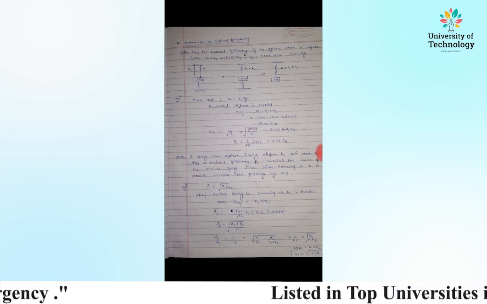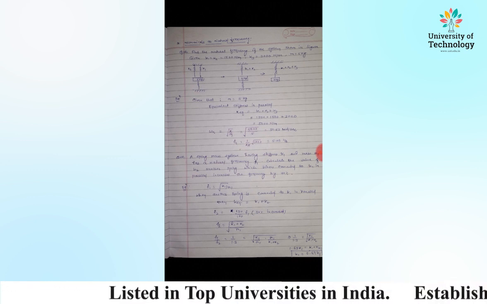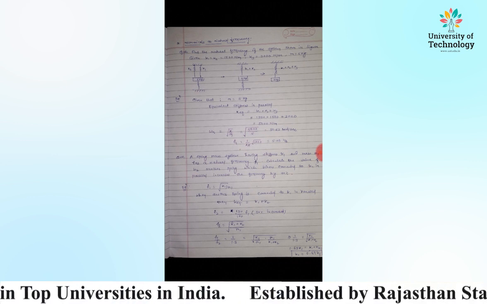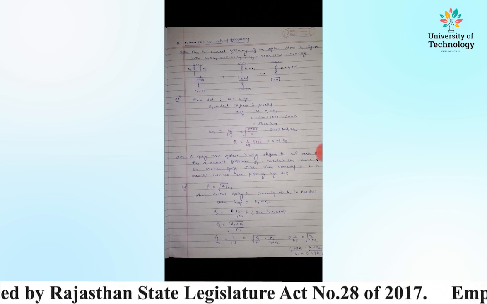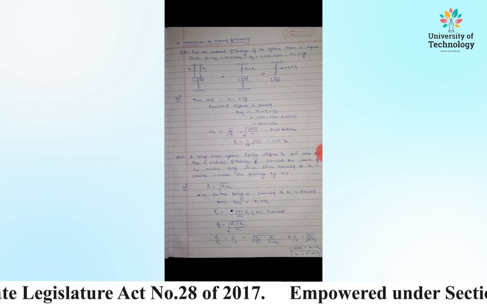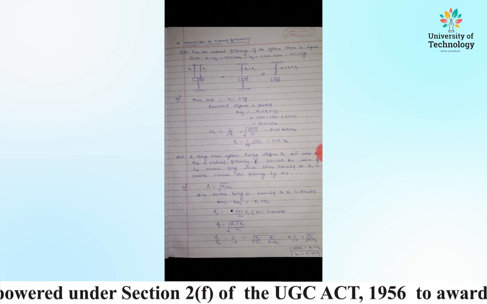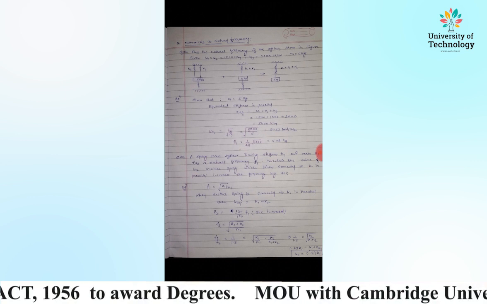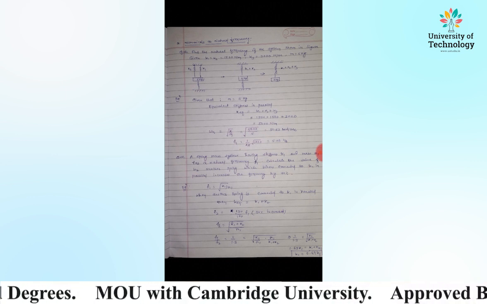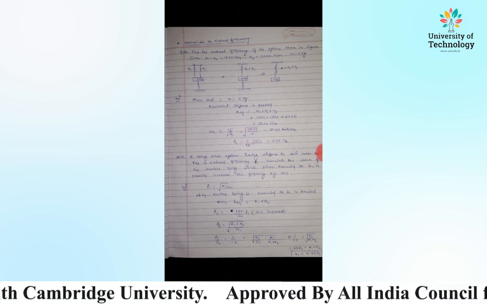Then the net frequency F2, we know that frequency f is equal to root of k by m, with net k as k1 plus k2 and mass m1, that is F2 is equal to root of k1 plus k2 divided by m1. From here F1 by F2 is equal to 1 by 1.3.